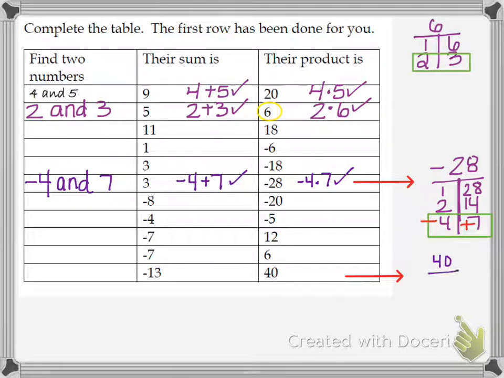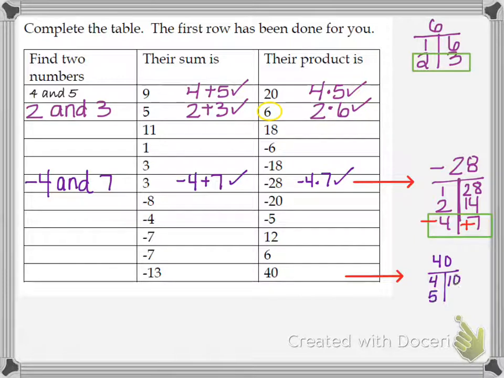So I want to multiply to positive 40. Now, I could make another list of all the numbers, 1 and 40, 2 and 20. But hopefully you're getting to the point where you can start to predict ones that won't even work, so we don't even need to write them down. Like 1 and 40, not going to add up to 13. 2 and 20, not going to add up to 13.